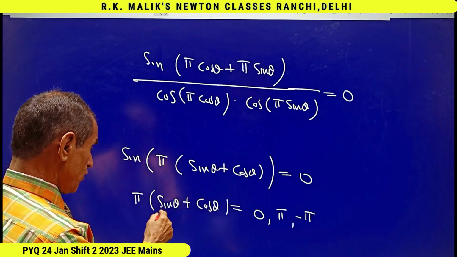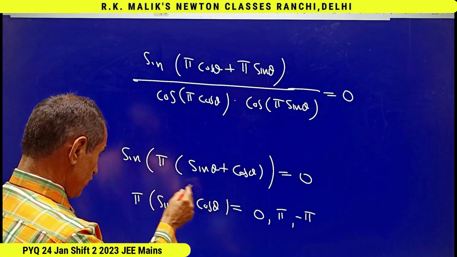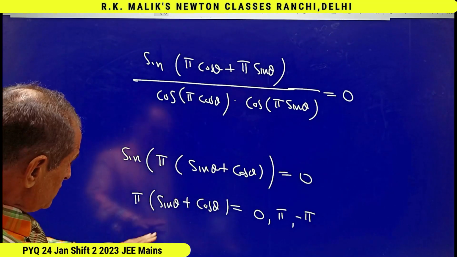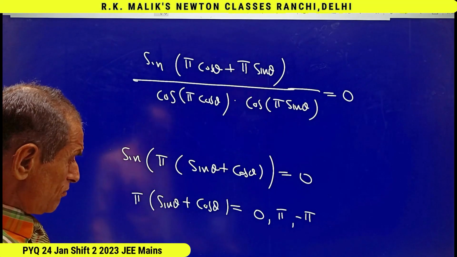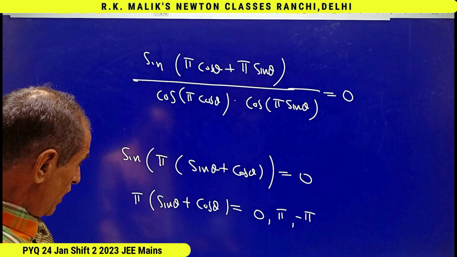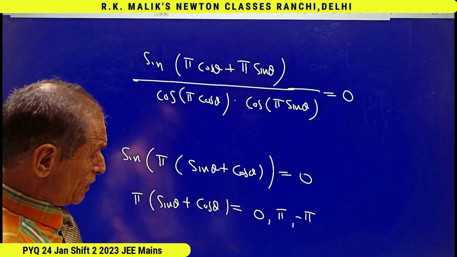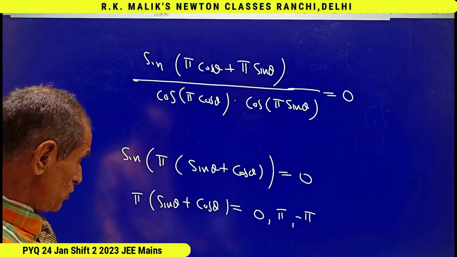The minimum value is minus root 2, so it cannot be less than minus root 2 pi. Keeping these facts in mind, the possible values are 0, pi or minus pi only.